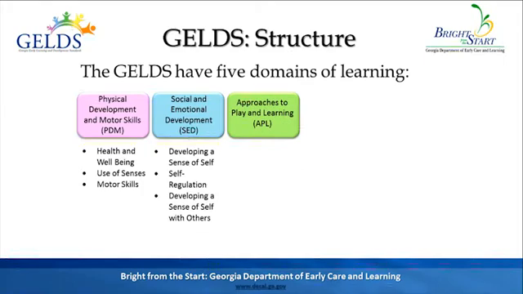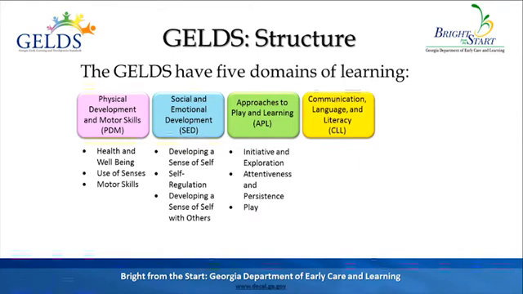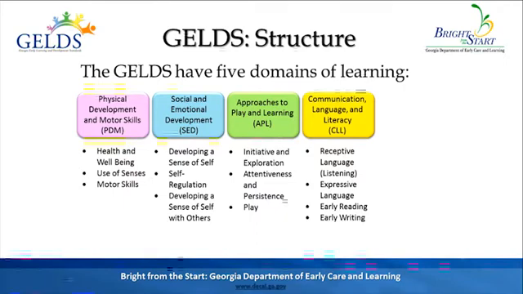Third, you have approaches to play and learning, APL, and under that you have initiative and exploration, attentiveness and persistence, and then play. And then fourth, you have communication, language, and literacy. And under this domain, you have receptive language, those listening skills, expressive language, those communication skills, and then early reading and early writing.